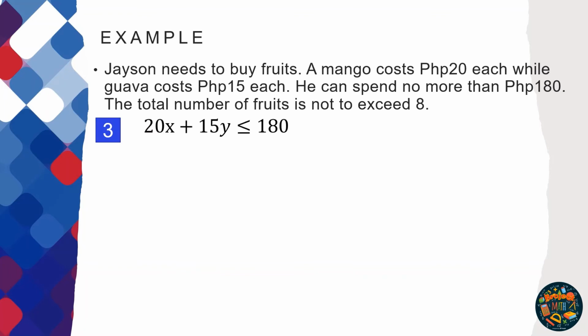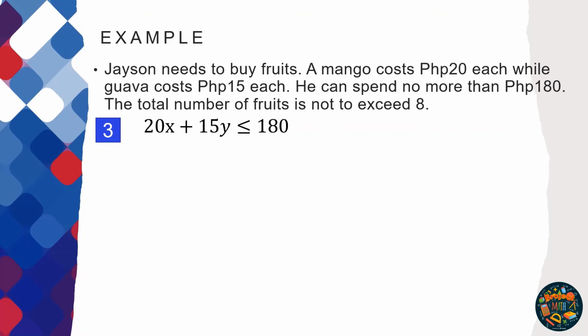So the inequality, we have 20x plus 15y is less than or equal to 180. That is 20 pesos as the cost of the mango and x is the number of mango. Then 15 is the cost of guava and y is the number of guava.